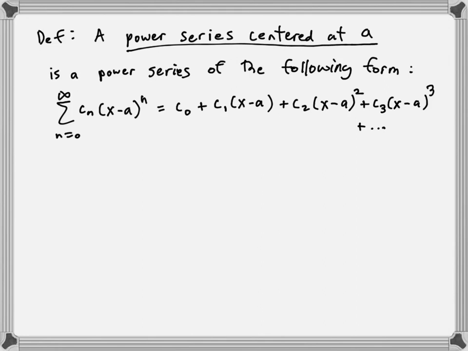Instead of raising x to various powers, you're taking x minus a and raising it to various powers. So this is what it means to have a power series centered at A. We're going to learn later in this section why we use the word centered for this. What do we say about A? Where A is a fixed real number. So you can have a power series centered at any real number that you want.